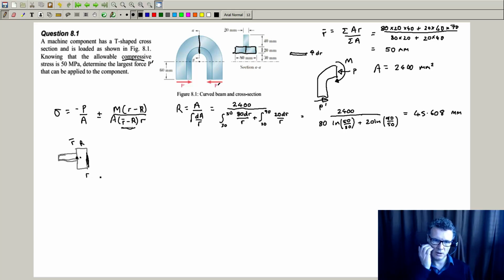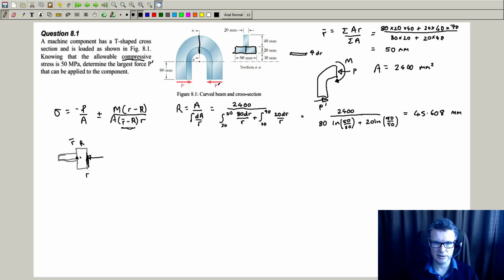So r, this distance is, let's say, 30. 30 take away big R is going to be negative. And then R is going to be a positive number.